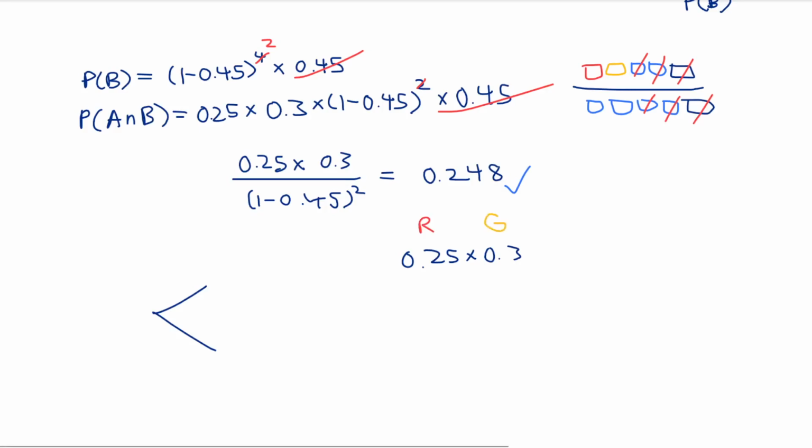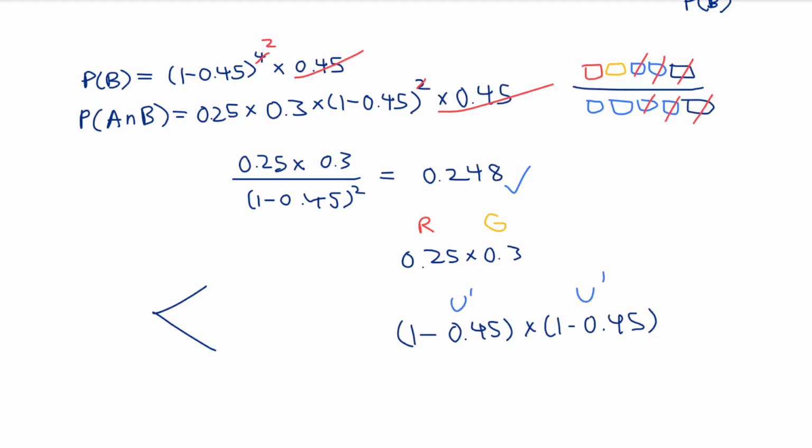So as part of a tree diagram, I guess you could say that you get a wrapped to unwrapped, and if you multiply 0.25 times 0.3, this will be red and then gold, whereas 1 minus 0.45 times 1 minus 0.45 is not getting unwrapped and not getting unwrapped on the second turn.